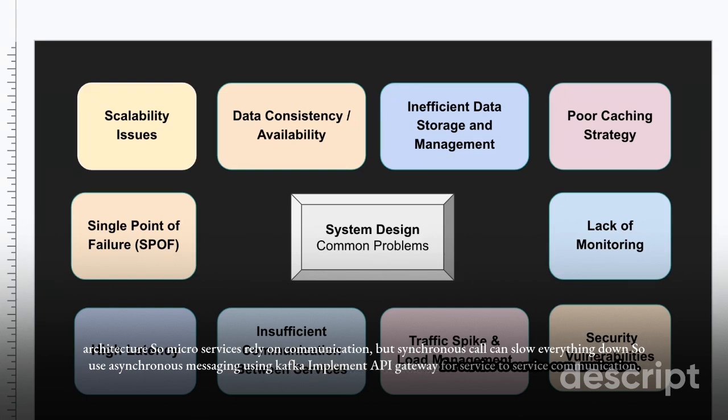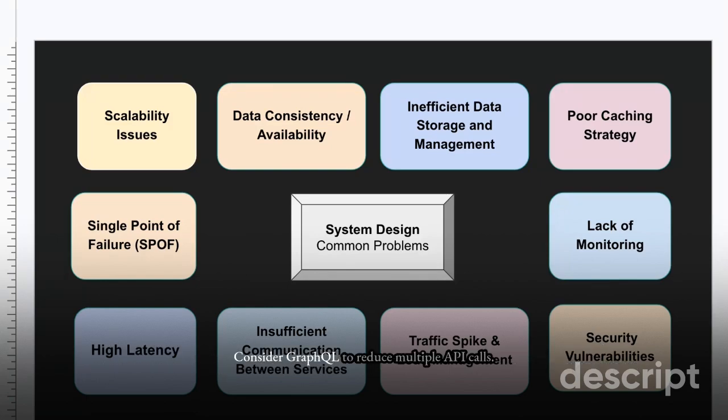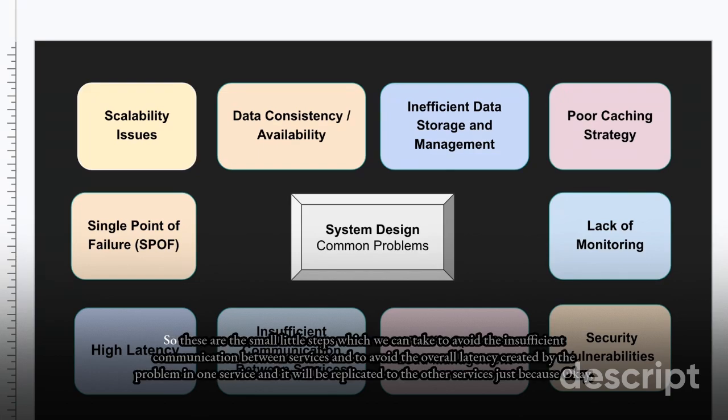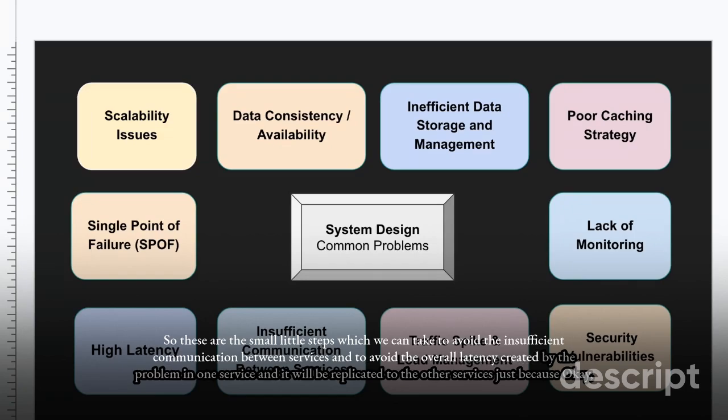Implement an API gateway for service-to-service communication. Consider GraphQL to reduce multiple API calls. So these are the small steps we can take to avoid inefficient communication between services and to avoid the overall latency created by a problem in one service being replicated to the other services just because of the dependency.